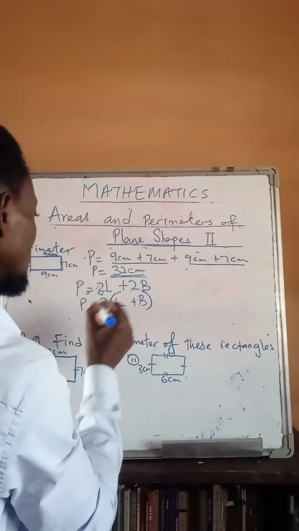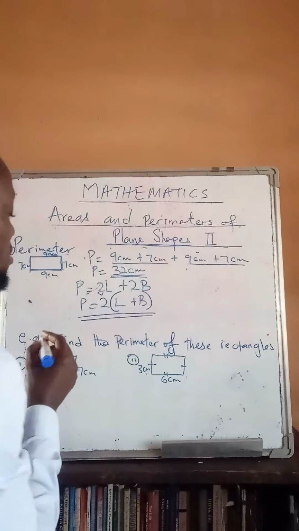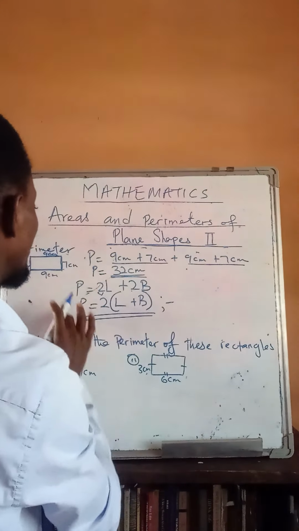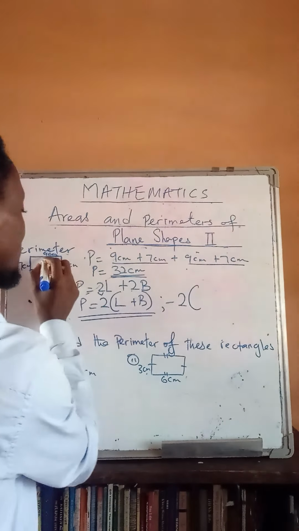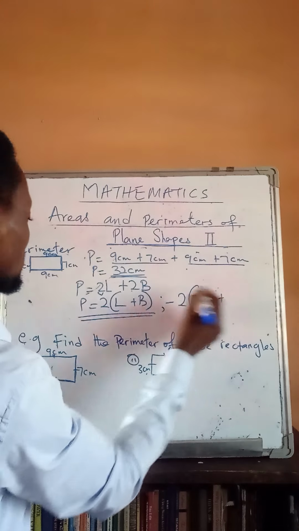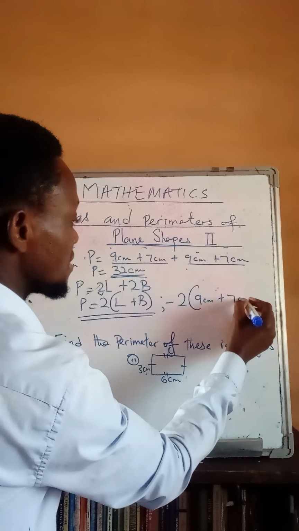This is the formula for finding the perimeter of a rectangle. Using this formula to solve this, we have 2 into bracket. What is our length? Our length is 9 centimeters, plus, what is our breadth? 7 centimeters.